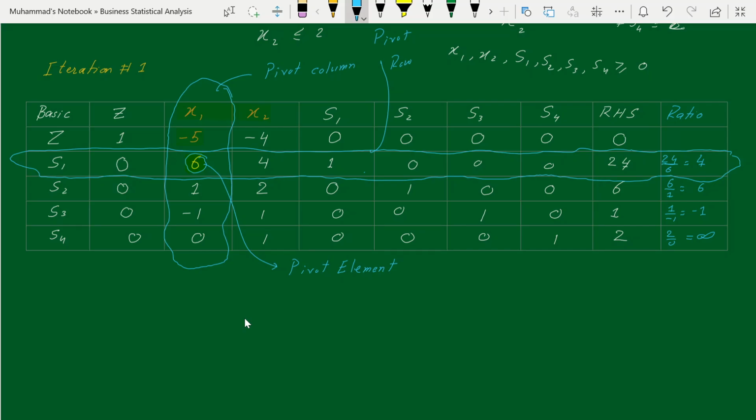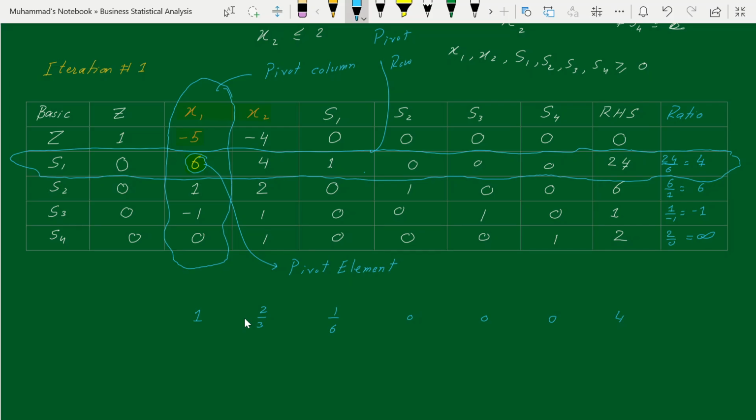Okay, let's do it. If I divide 6 by 6, the answer is 1. If I divide 4 by 6, the answer will be 2 by 3. If I divide 1 by 6, the answer is 1 by 6, then 0, 0, 0, and finally 4.